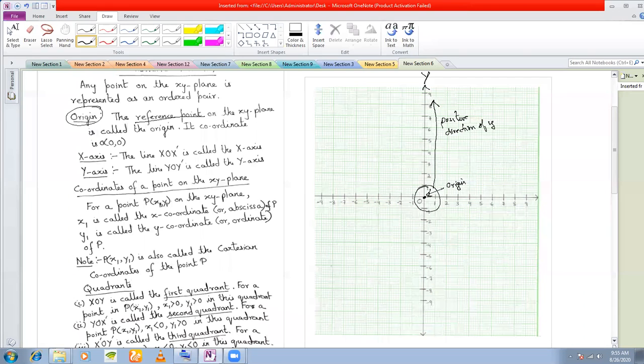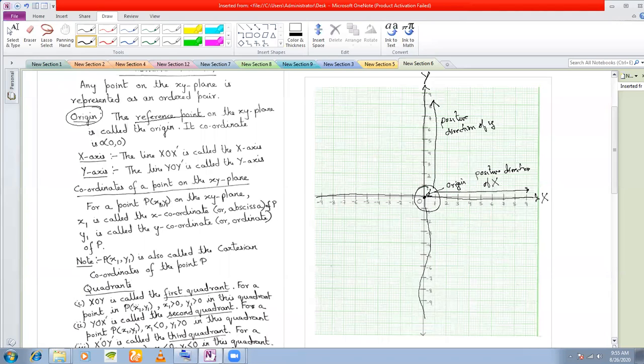If you are moving towards this line, this is your positive direction of x, because this is your x-axis. So we call this straight line your x-axis, and we call this straight line your y-axis.